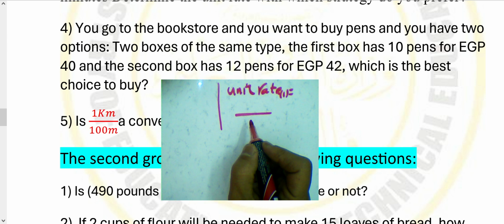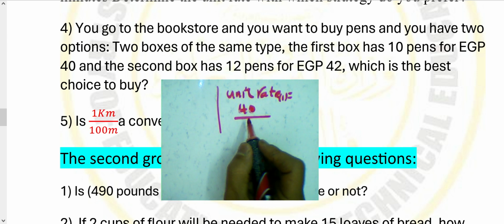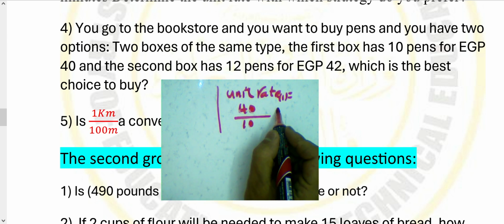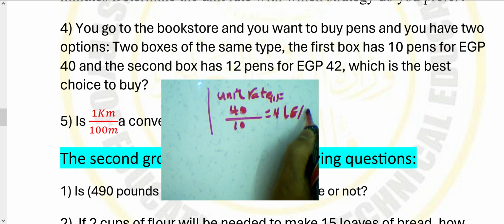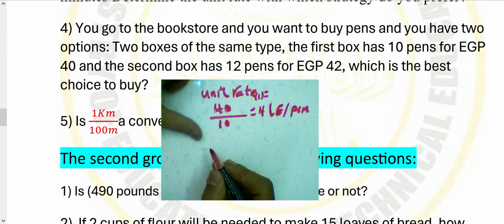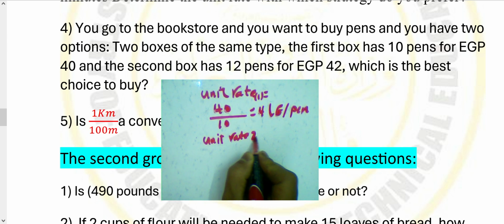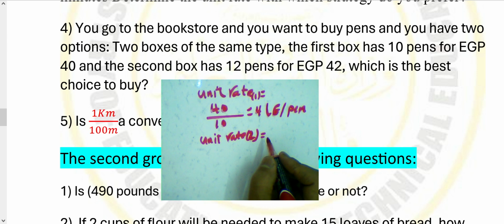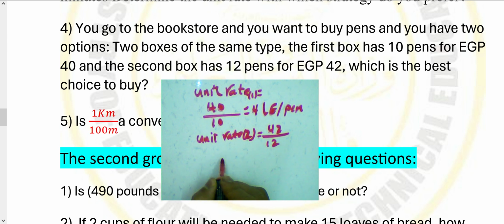We can find the first option. We have 40 Egyptian lira for 10 pens. So the price of each pen will be 4 Egyptian lira per 1 pen. It's unit rate 1. And we can find unit rate 2. We have 42 Egyptian lira per 12 pens.